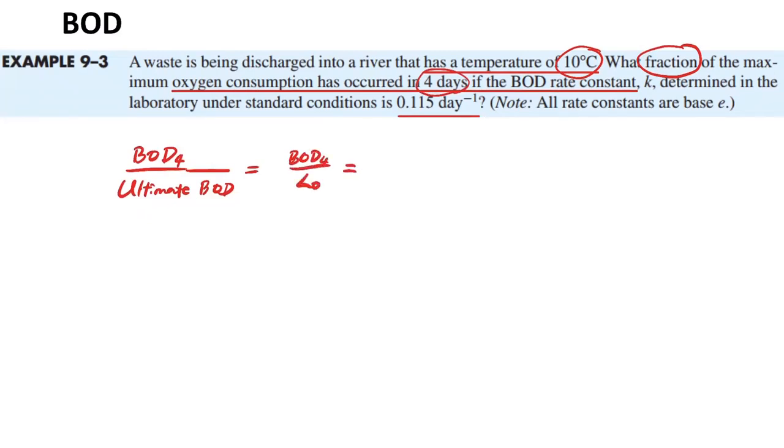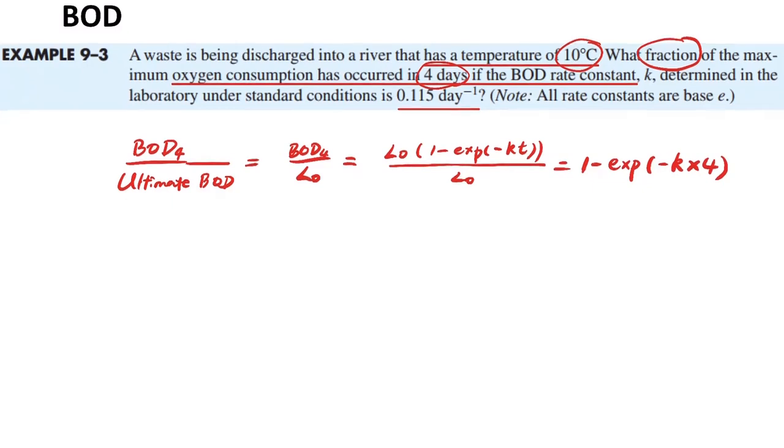And we know that for BOD at any time, that can be solved by L0 times 1 minus exponential of minus Kt, divided by L0. This is basically 1 minus exponential of minus K multiplied by 4, right? We know that the time is equal to 4 days. So now it's just a matter of calculating what is the K value here, okay?